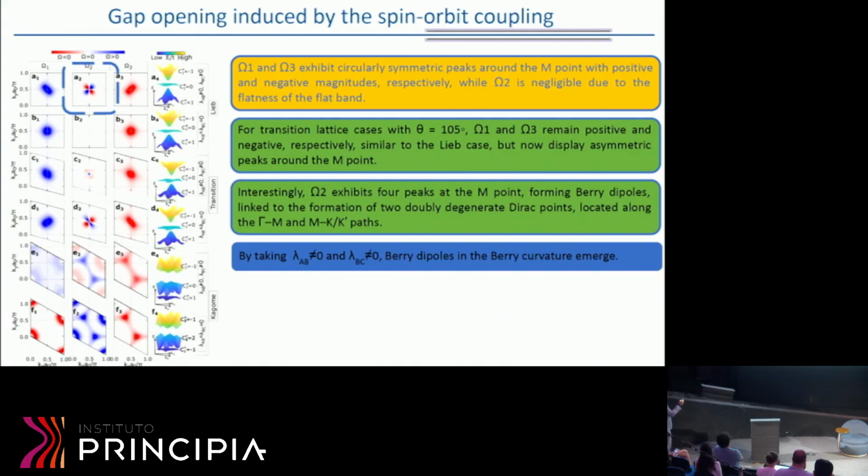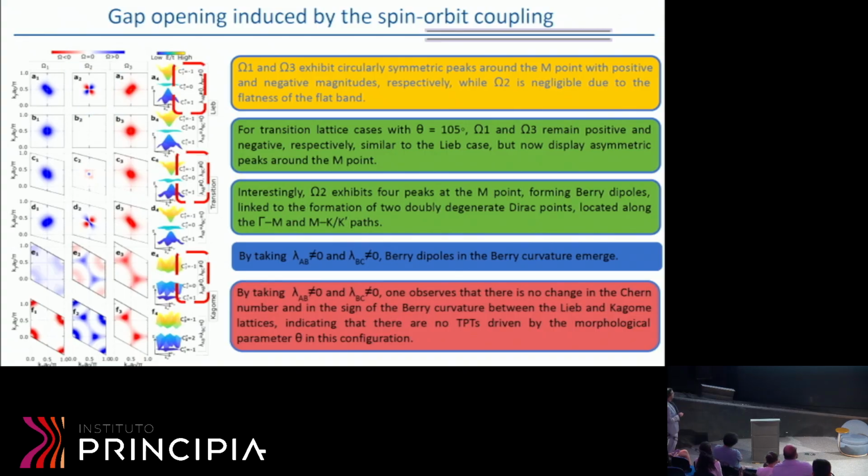Also, for the case where you take into account first and second neighbor for the spin-orbit coupling, you also get this Berry dipole. Generally speaking, in all these cases the sign of the Berry curvature per band does not change, and the Chern number per band does not change.